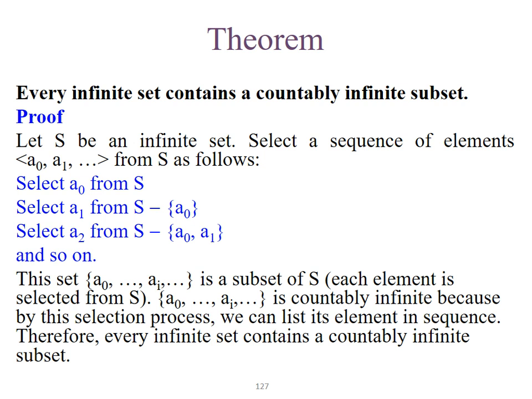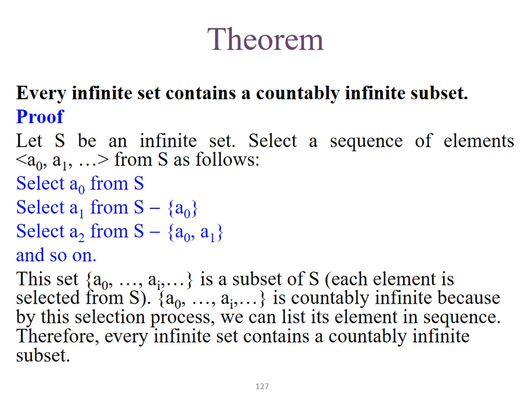We choose A1 from the rest of the elements of the set S. And then we can repeat this step, so that we will have A1, A2, A3 to infinity. Then that will be a countably infinite subset of the original set S.